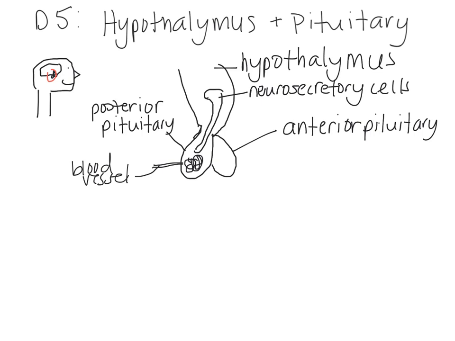There are a bunch of them. There are two that you should probably know. One of them is oxytocin. And remember, oxytocin is used in uterine muscles, and in mammary glands.